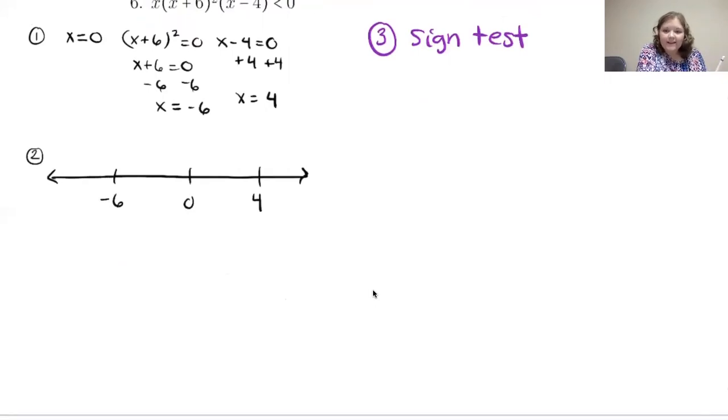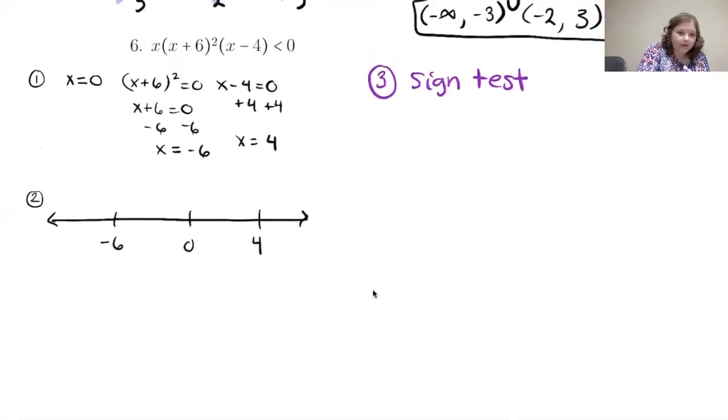So for the sign test, let's pick a number from the first interval. So something less than negative 6. So we'll do negative 7. And we'll plug it into the original equation right here. So the first one, just negative 7 is negative. And then negative 7 plus 6 squared.